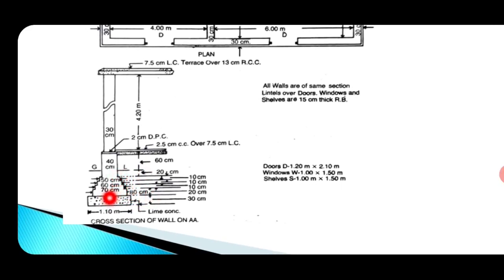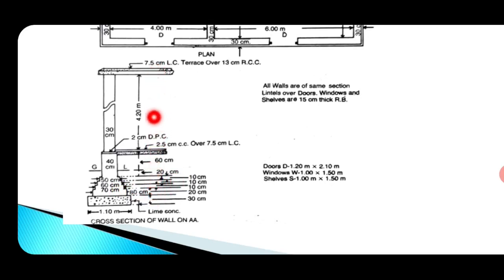The first footing is of width 70 centimeter, second footing is of width 60 centimeter, third footing is of width 50 centimeter, then above that there is plinth wall of 40 centimeter width, and this one is your superstructure wall having width 30 centimeter, and all the thickness of the footings are given.